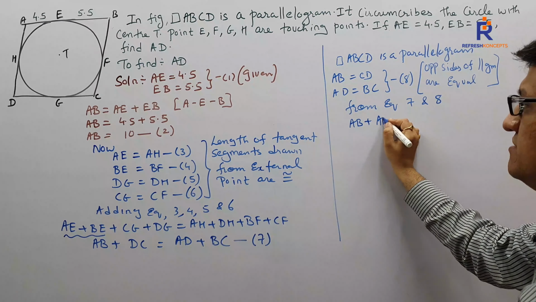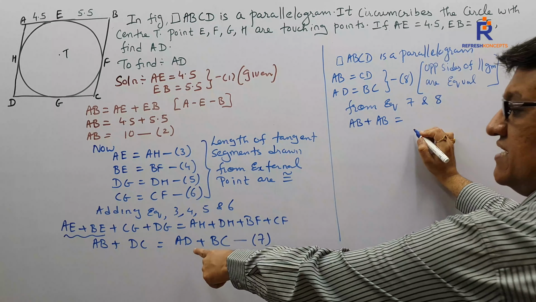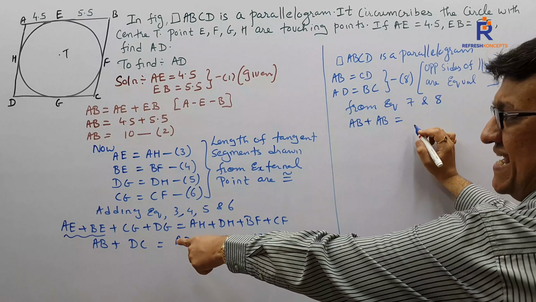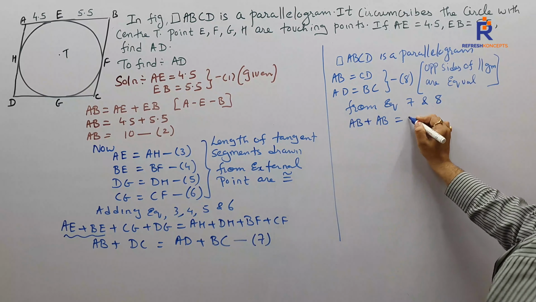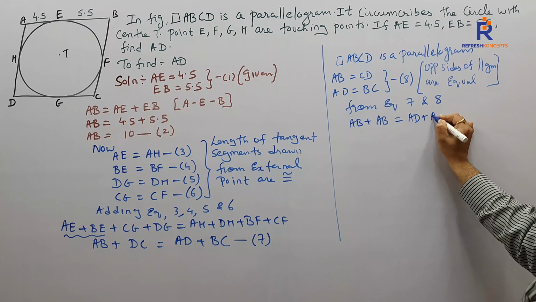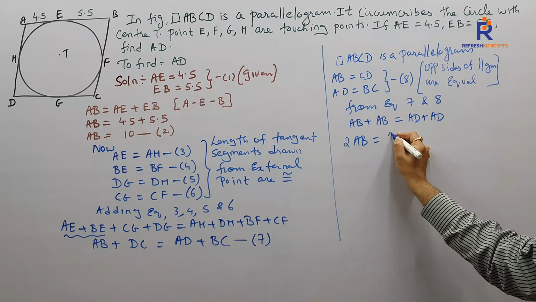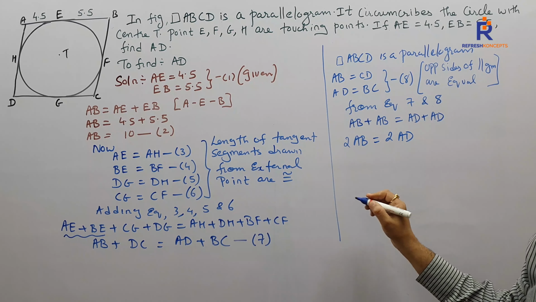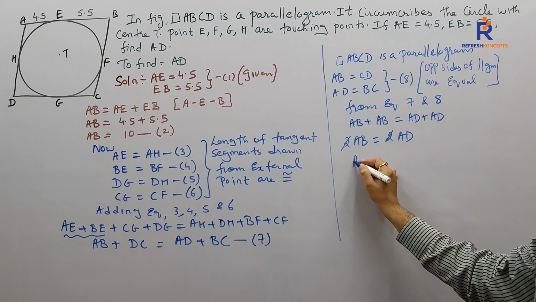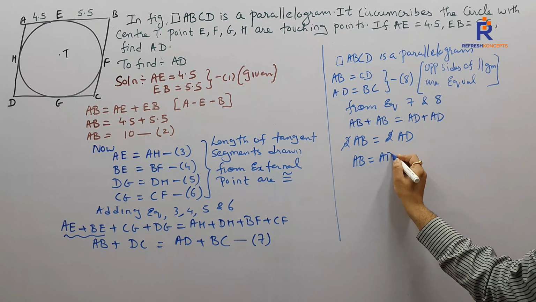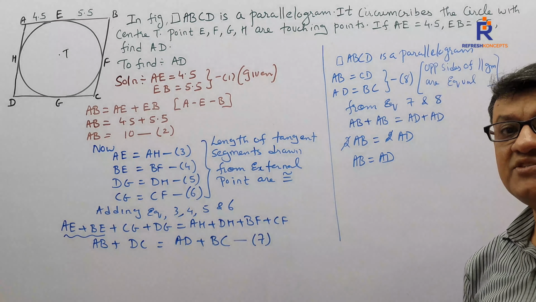So can I say AB plus AB? Likewise, AD plus BC, but BC is congruent to AD. So AD plus AD. 2 times AB is 2 times AD. The 2 cancels off. What am I left with? AB is equal to AD.